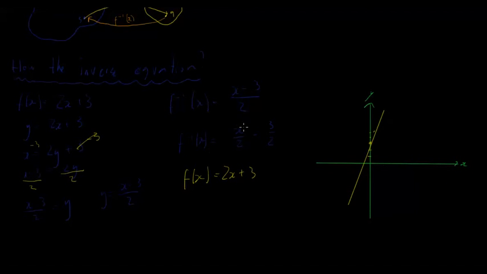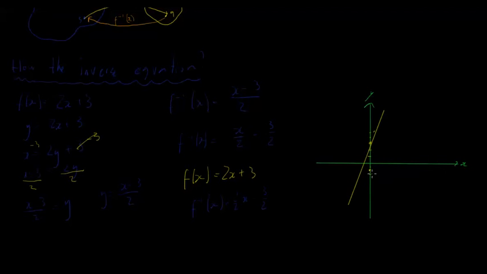And then we need to draw the inverse. The gradient of f inverse of x, I'm going to rewrite this as half x minus 3 over 2. So I'll have a y-intercept at negative 3 over 2. There's negative 1, negative 2, so it's going to be there.